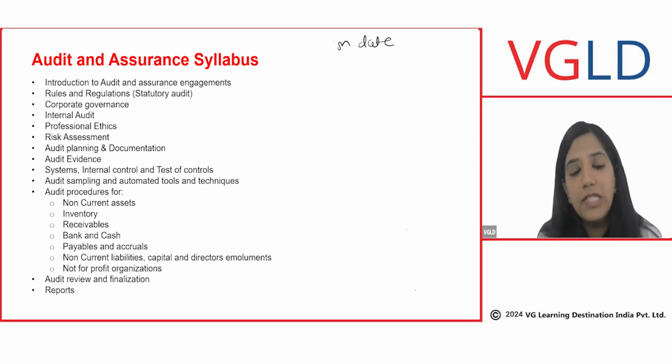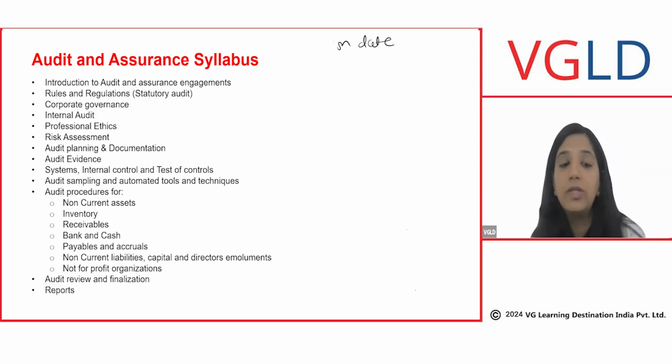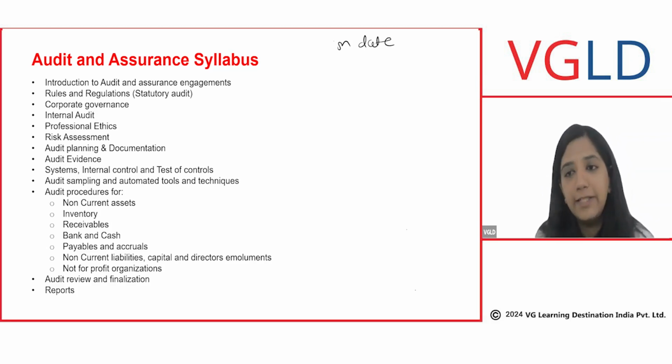Once the draft report is framed, you sit with the client, you discuss your points, what all you have found, what are your recommendations, and the client and you come to a conclusion of what all should go in the final report. And once that is finalized, your final report is presented to the audit committee, mostly by your partner or your engagement manager.